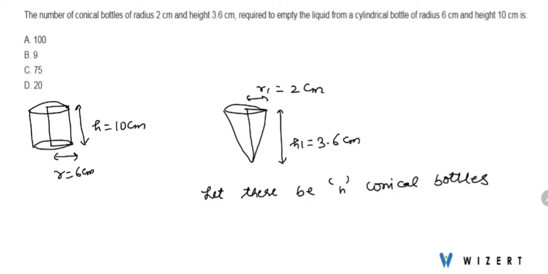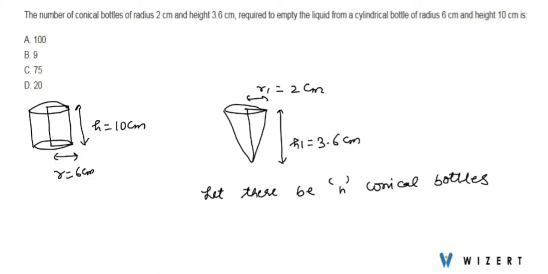Now what is given is that the volume of both the cylindrical bottle and the n number of conical bottles are equal, because it is required to empty the liquid from the cylindrical bottle and that liquid is to be filled in these conical bottles.